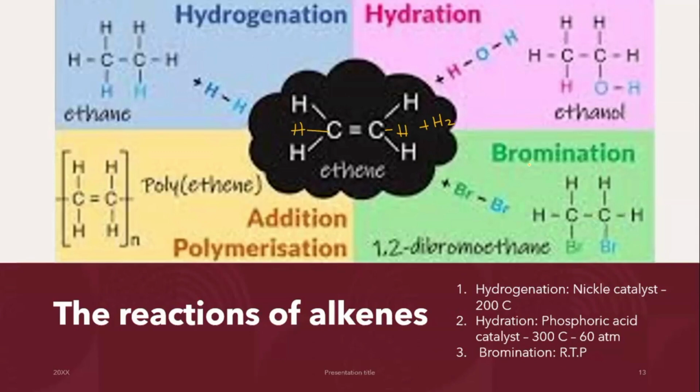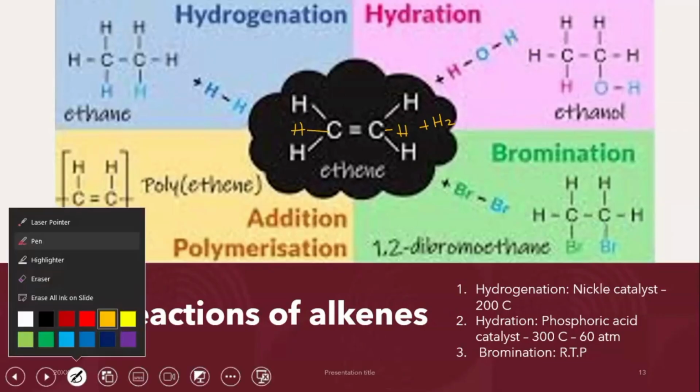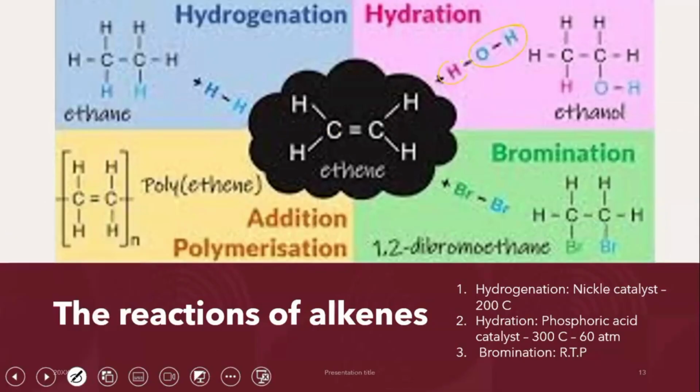Then we can perform hydration. In hydration, I am reacting the same ethene with steam. Since I'm reacting it with steam, the double bond is going to break. Steam is water, H2O, so we have one OH and one hydrogen.